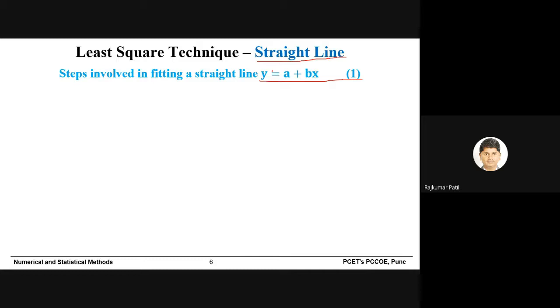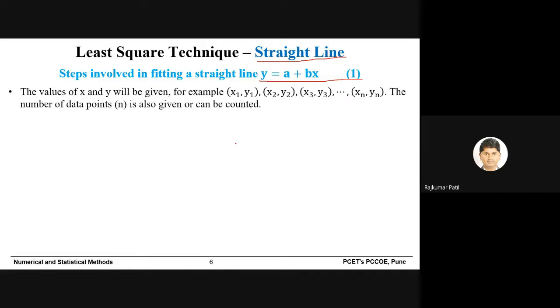If you open different books, you may find that y is equal to ax plus b. You will find different ways of writing it, but we will take the equation y equal to a plus bx. Generally, to solve such a problem, the values of x and y are given to you as x1 y1, x2 y2, x3 y3, up to xn yn.